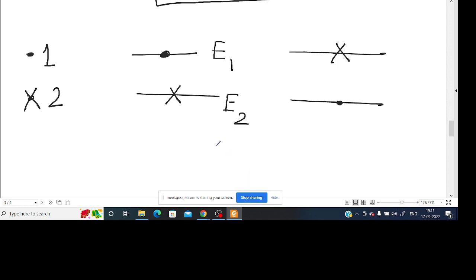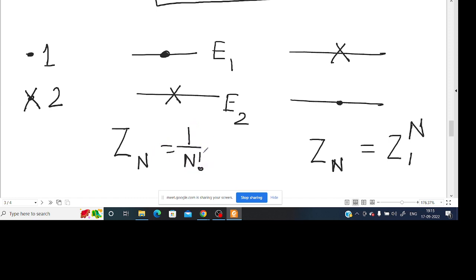So if the particles are distinguishable and non-interacting, then we have this. And if the particles are identical, then we'll have 1 by n factorial. This is called the Gibbs factor. So for indistinguishable or identical particles, you have Zn equal to 1 by n factorial Z1 to the power n.